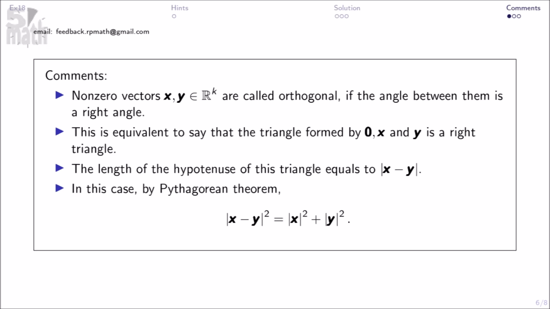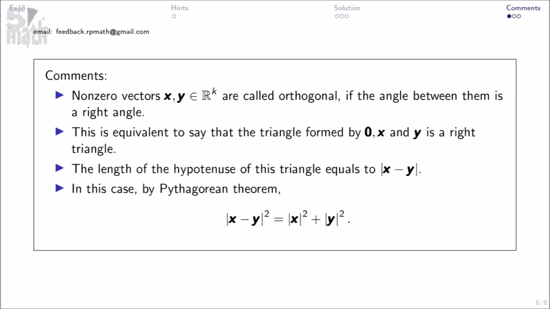Comments. Non-zero vectors x, y in Rk are called orthogonal if the angle between them is a right angle. This is equivalent to saying that the triangle formed by zero vector, x and y is a right triangle. The length of the hypotenuse of this triangle equals absolute value x minus y.